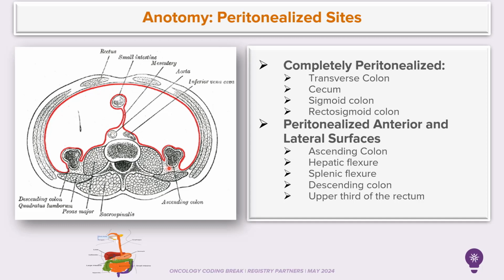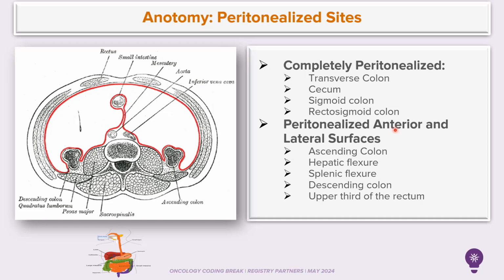If we're talking about the peritonealized surfaces, that's going to be the anterior and lateral surface of the ascending colon, the hepatic flexure, the splenic flexure, the descending colon, and the upper third of the rectum. The transverse colon is going to be completely peritonealized.